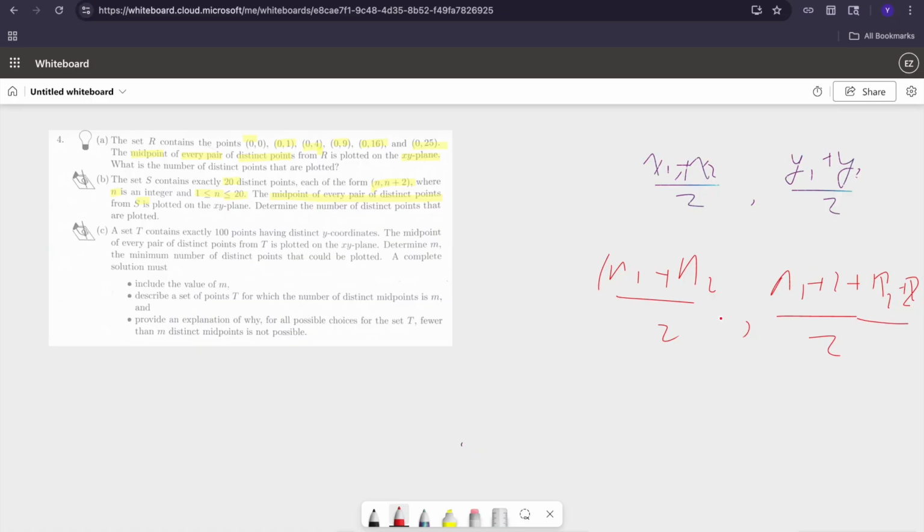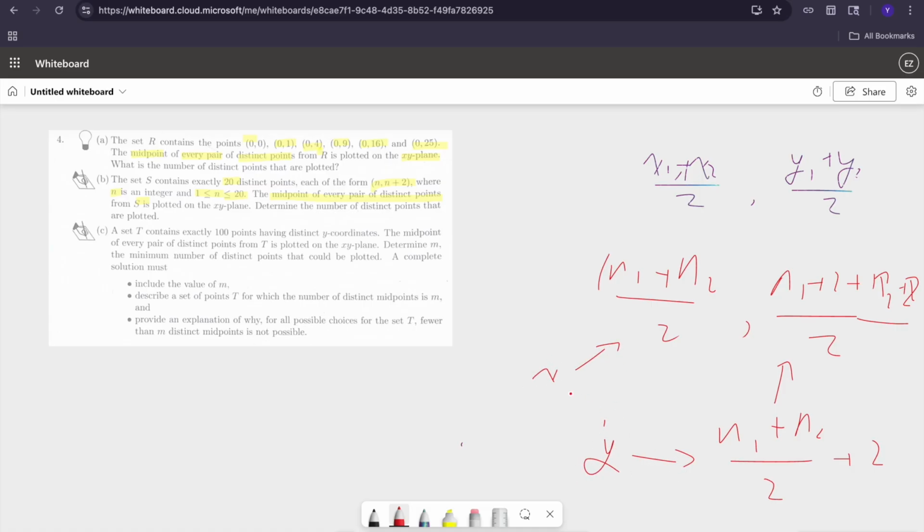It's a midpoint, so we simplify this. We get (n1 plus n2) over 2, plus 2. This is our y value, and the other is our x value.